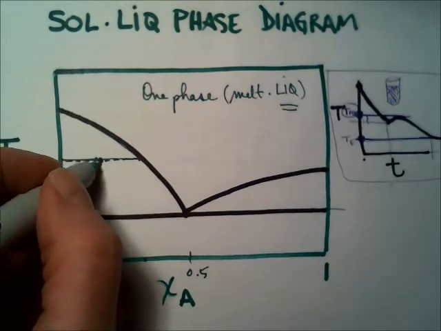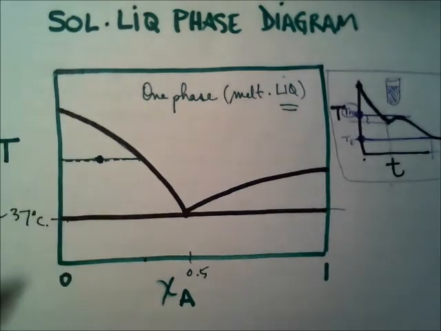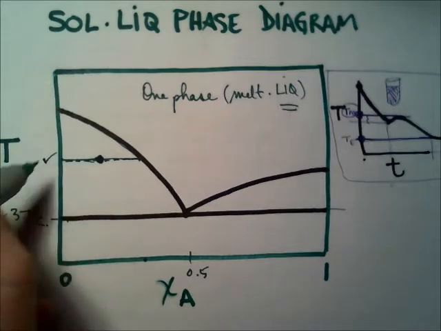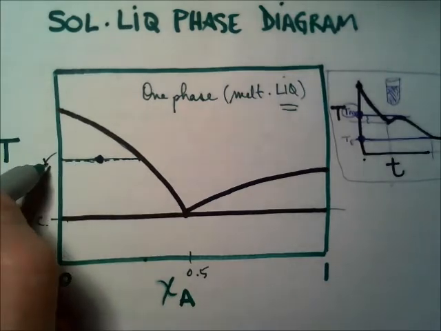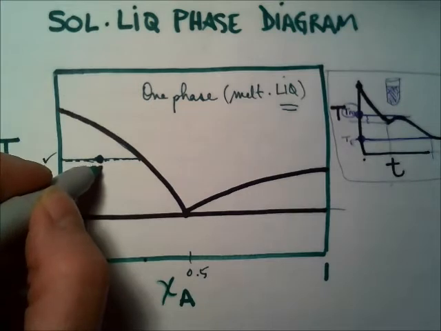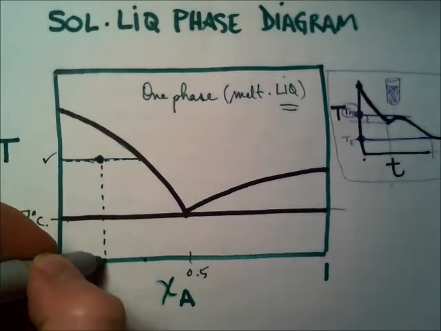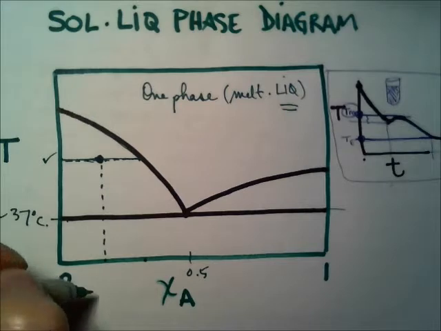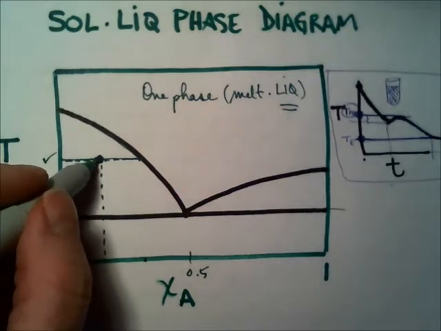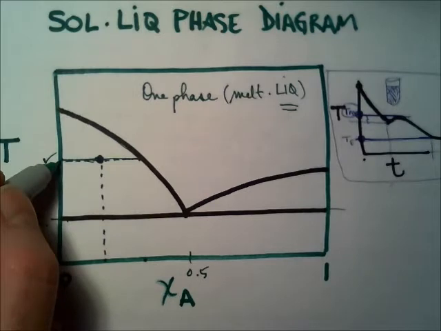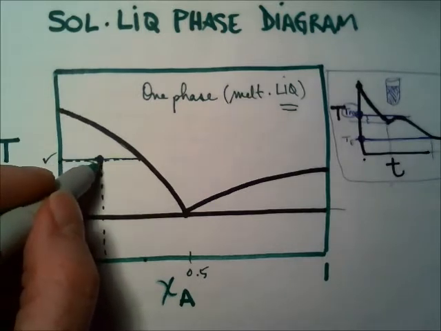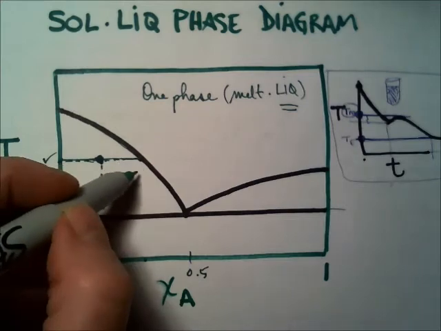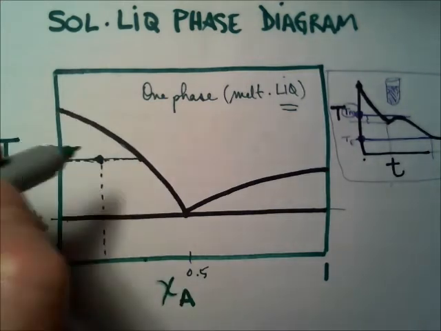So this point, for example, right here, at this temperature, in that overall composition of what's in the test tube, I have some solid B in equilibrium with a slush, a liquid, sorry, altogether it's a slush.